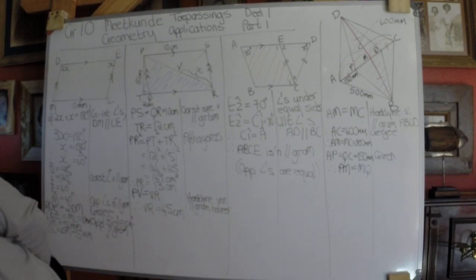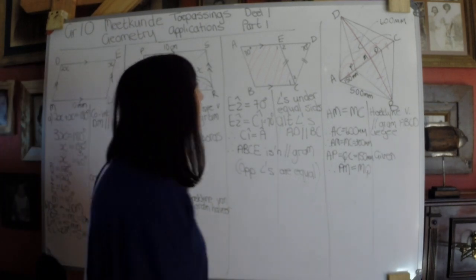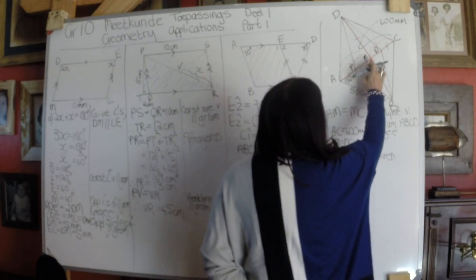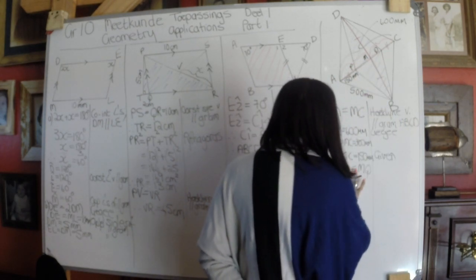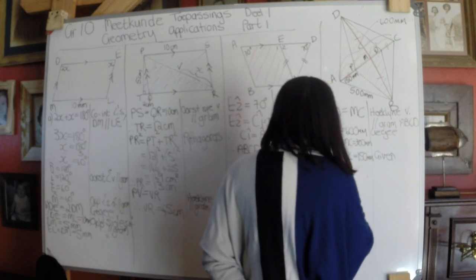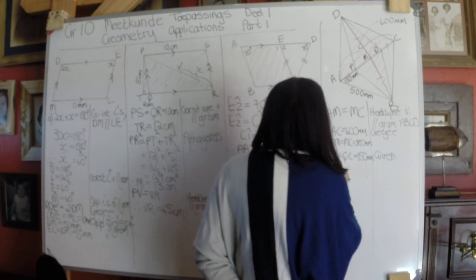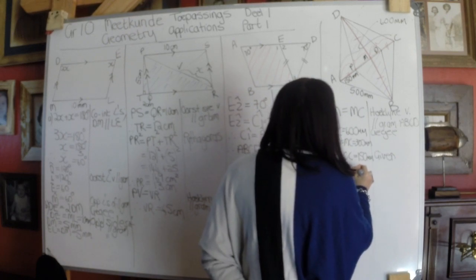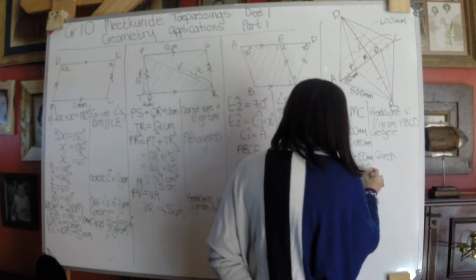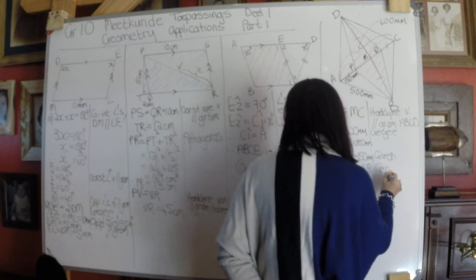BM is ND. Wag, kom ons sê PM, DM. Let's go there first. But DM equals NB. Also given.